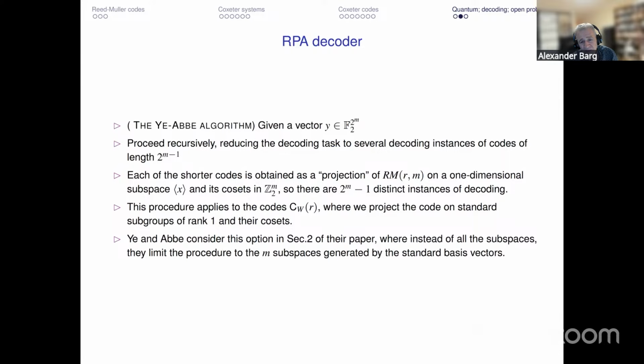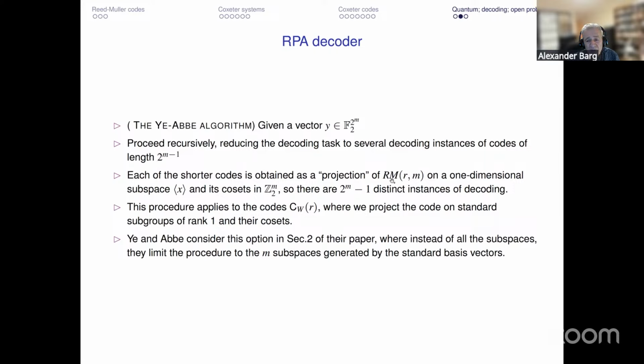Decoding. Well, the RPA, recursive projection aggregation of Min Ye and Emmanuel Abbe, applies. Why wouldn't it? To describe it quickly, we take a vector received from the channel for Reed-Muller of length 2 to the m, and then we reduce the decoding task to several decoding instances of codes of length 2 to the m minus 1.